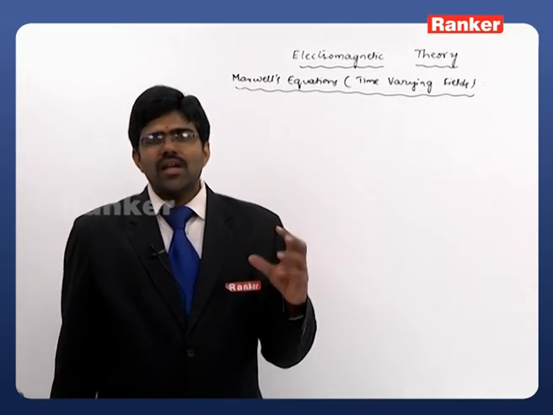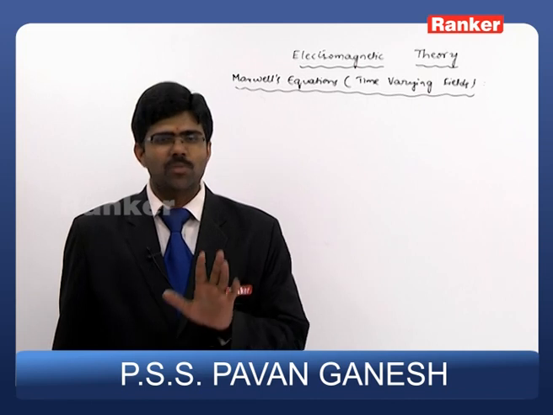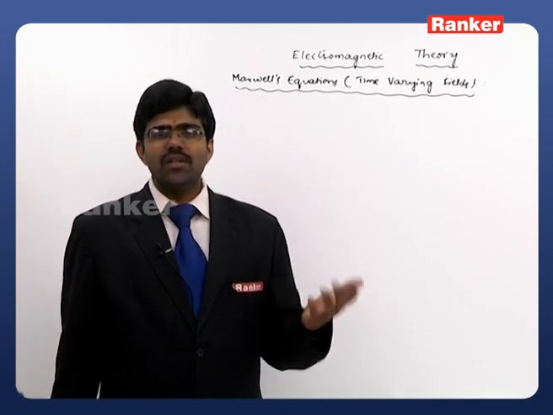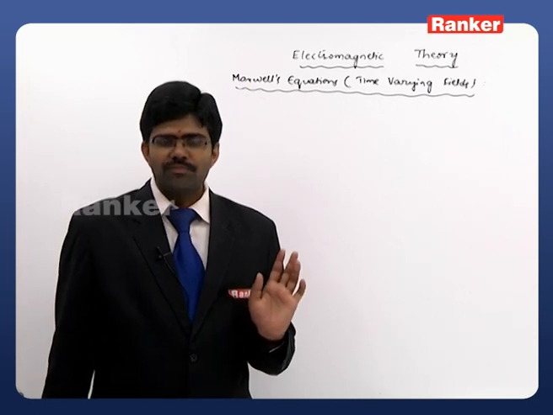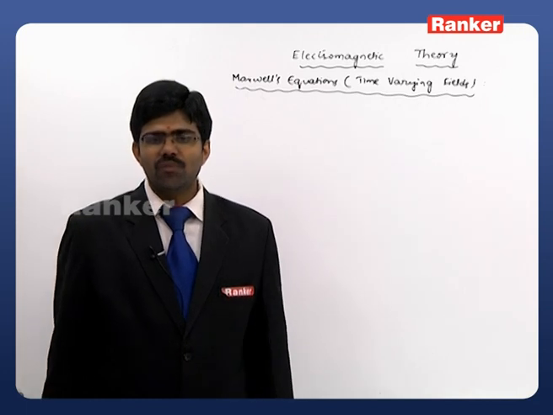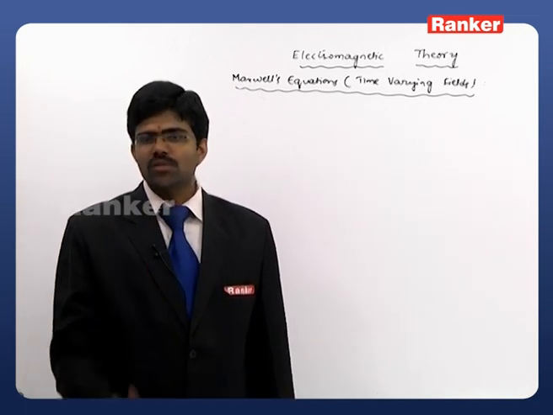Now I will take the time varying fields Maxwell's equations and modify them as per our requirement. Here we are supposed to take them in different domains and different forms under different conditions. So I will give you the four Maxwell's equations meant for time varying fields, and in the simplest way I will give you the modification for those equations.